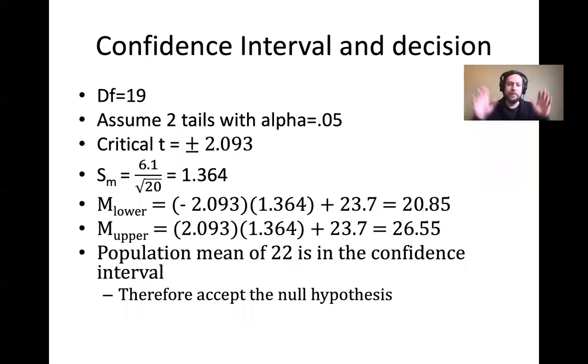If the population mean is outside of that 95% confidence interval, then you reject the null hypothesis. It's usually helpful to draw a distribution and mark, here's the critical regions, here's my population mean. Is the population mean in the critical regions or is it in the middle part?